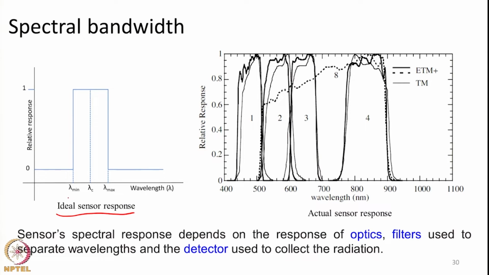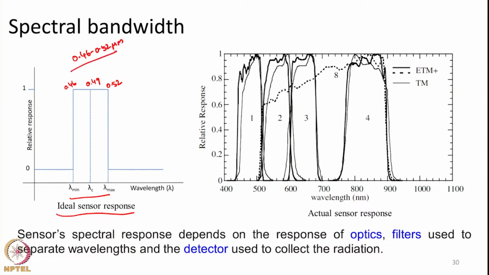Let us assume some bandwidth is given. We will take the same example. Let this lambda c central wavelength be 0.49, let this be 0.46, let this be 0.52. So, this sensor or this band collects data between 0.46 to 0.52 micrometers.